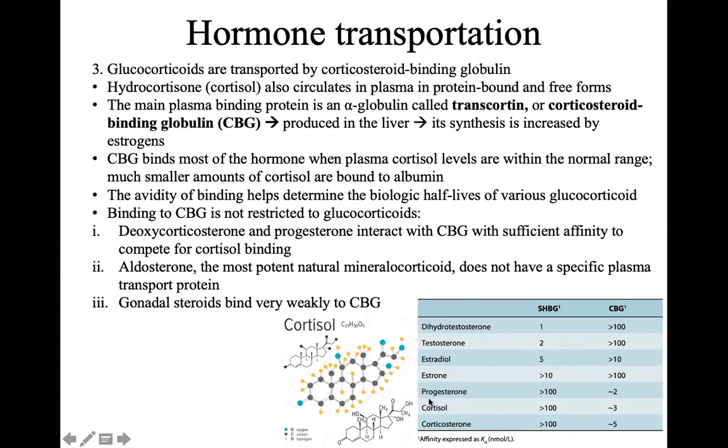What is the most available transport protein for progesterone? So the answer is SHBG. If I ask you what is the most readily available transport protein for testosterone, your answer will be CBG.